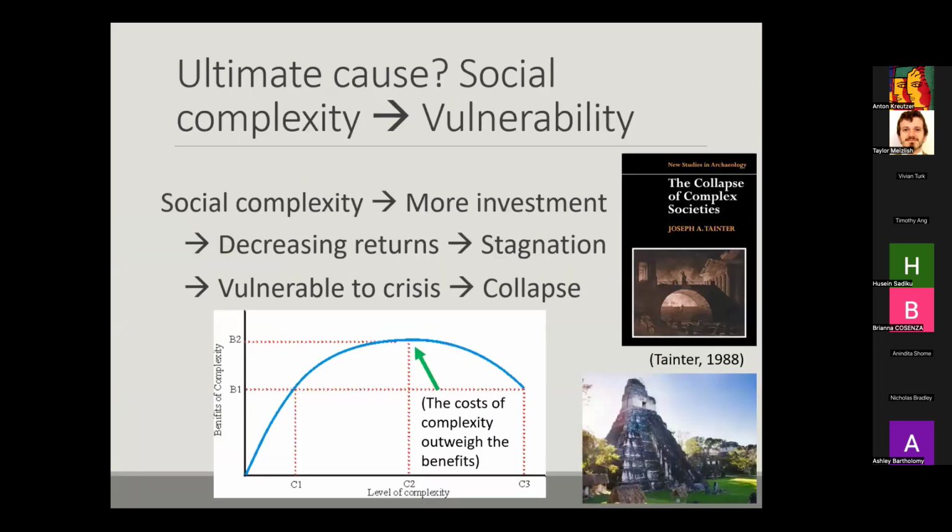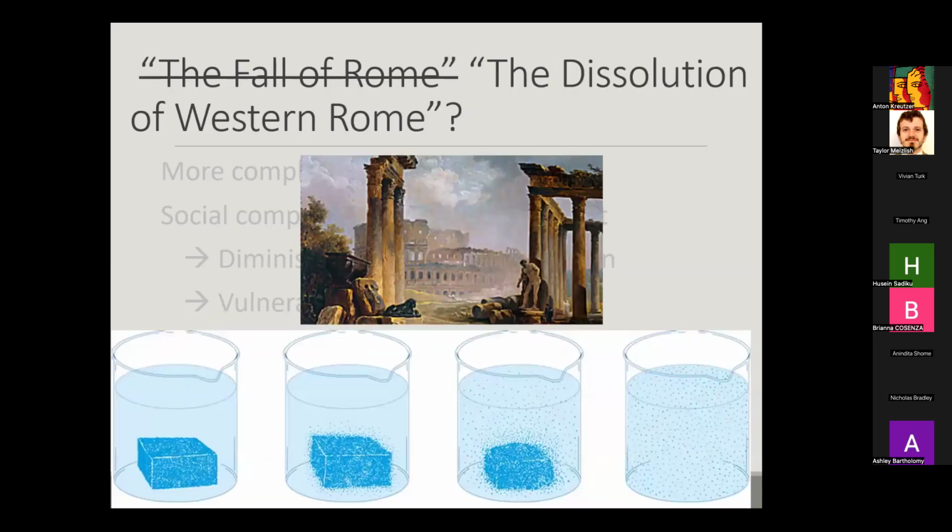So there's a theory that as a society becomes more complex, the costs of that eventually outweigh the benefits, and that makes the society vulnerable to collapse, right? So instead of saying the fall of Rome, it might be more accurate to say the dissolution of Western Rome, but that's kind of a mouthful to say, right?